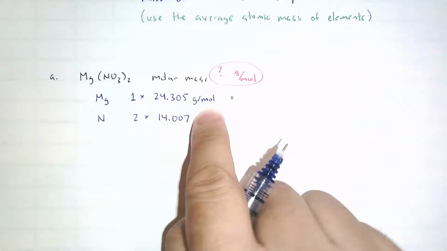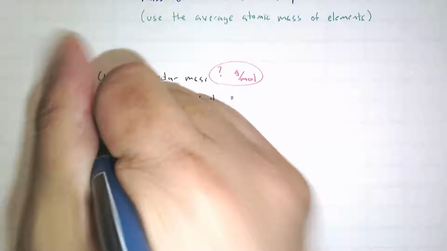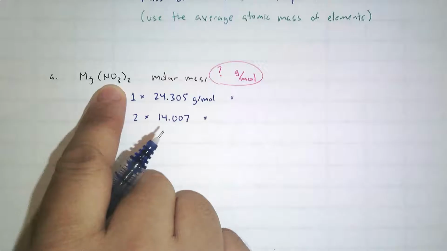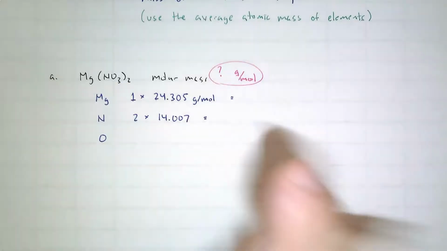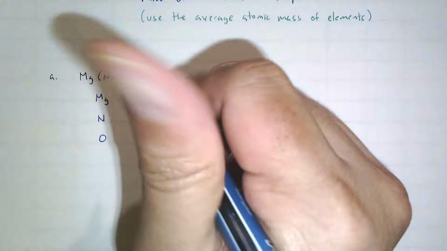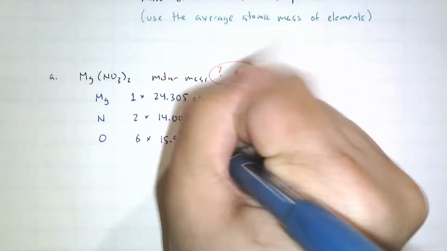I'm not going to keep writing grams per mole. We know that it's grams per mole. Oxygen: we have 3 oxygens per nitrate polyatomic ion, but we have 2 nitrates, so 3 times 2 is 6. So that's 6 times, on my periodic table, 15.999 equals.